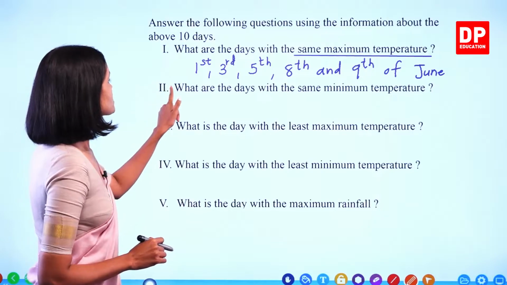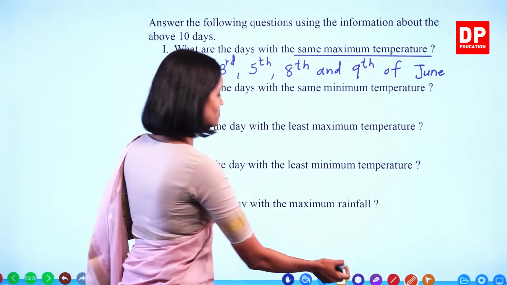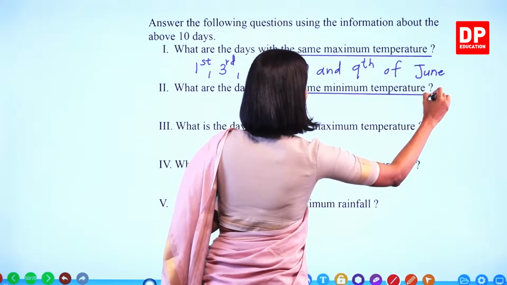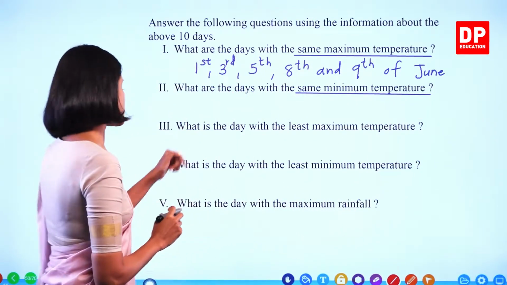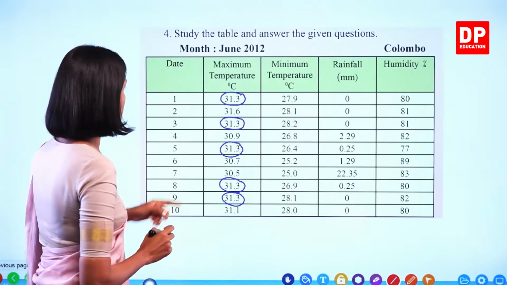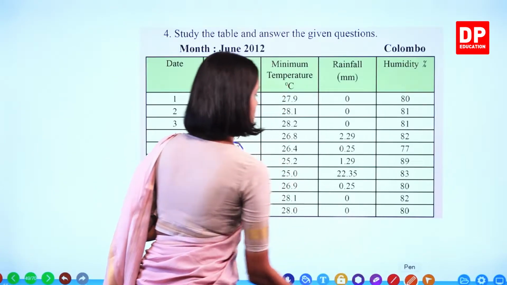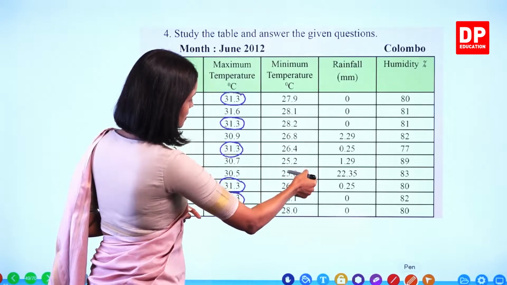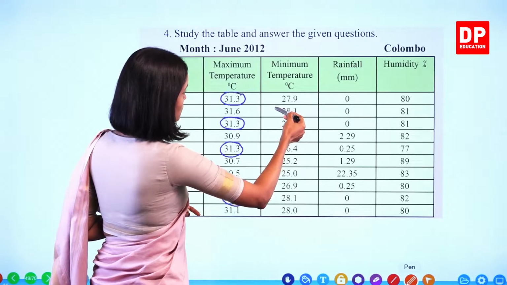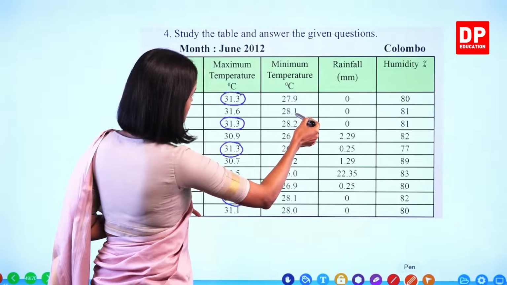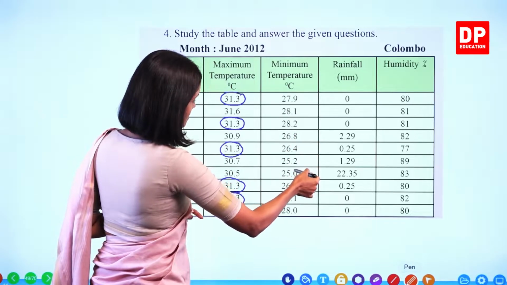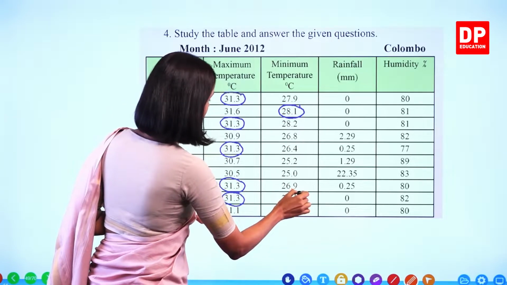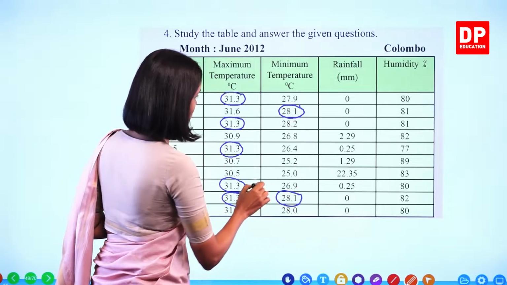Number 2. What are the days with the same minimum temperature? So this time we have to go to the minimum temperature column, right? Same minimum temperature. We'll take this 27.9, can't find anywhere. 28.1, we have here as well. 28.1, here also 28.1.